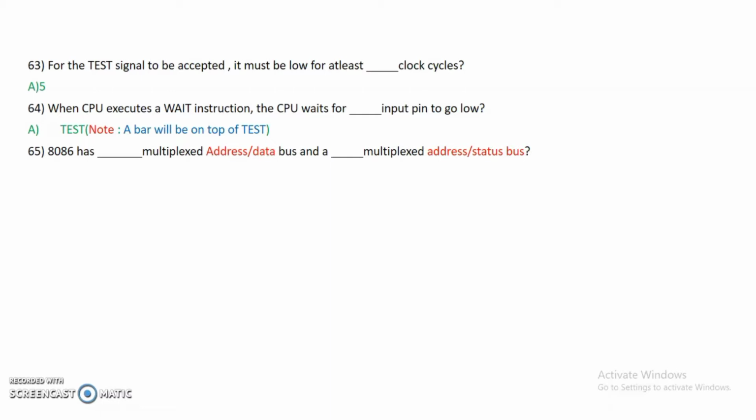The answer is that it has a multiplexed 16-bit address data bus and a 4-bit address status bus. For example, AD0, AD1, AD2, AD3 up to AD15 are the multiplexed address data lines. The address status lines are only 4 in number, and the address data lines are 16 in number.